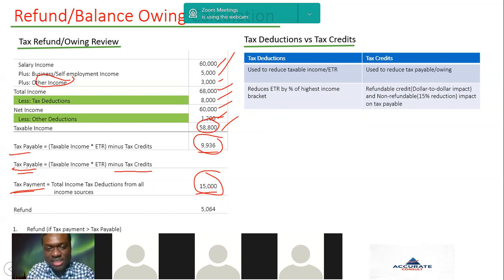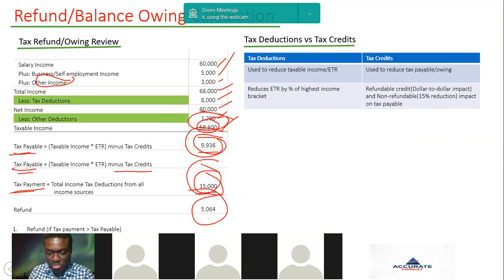So this minus this gives us a refund of 5,064. As was said, the goal is to reduce my taxable income such that my tax payable will be very low compared to what has been deducted at source.